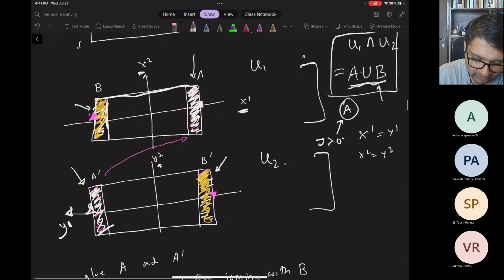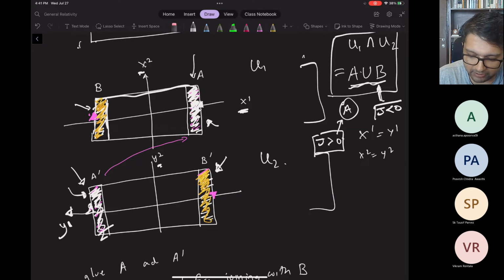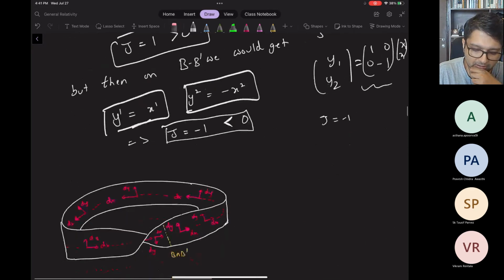So you see that even though I can choose the coordinate systems in such a way that in the intersection region A the Jacobian is positive, then automatically in the intersection region B the Jacobian is negative. I don't have the freedom anymore to choose my coordinate system in this overlap region.